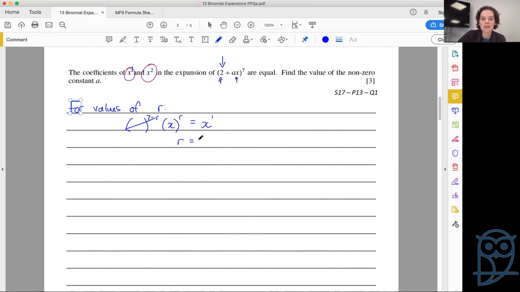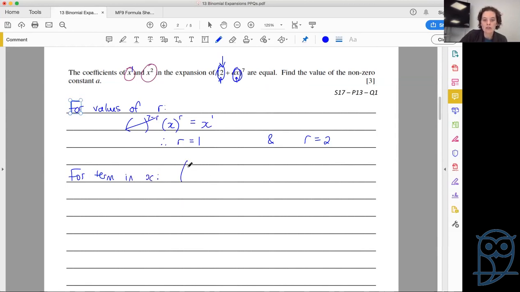So r equals 1 and r equals 2 are the two ones that we want. Just going over that, if we have a number and a plain x, then our value of r matches the value of our exponent that we're looking for.